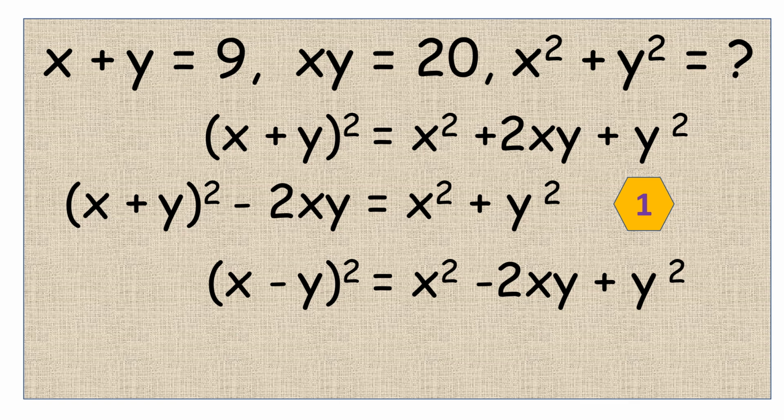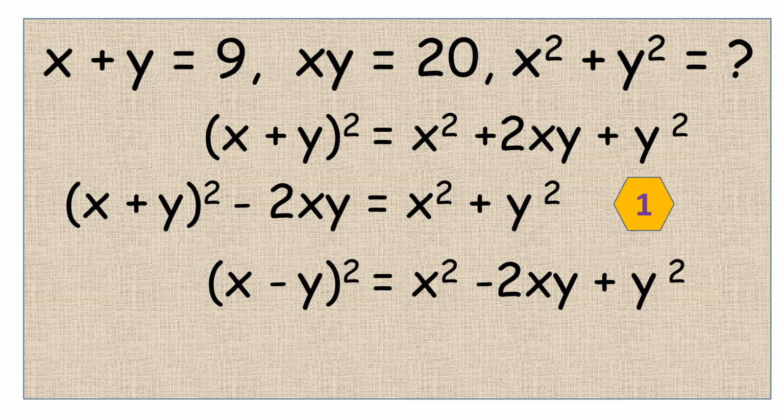This time around, you will have the minus 2xy as against the plus 2xy, but all other parameters remain the same, as you can see above, where your x plus y all squared gave us x squared plus 2xy plus y squared. This time around, because of the negative sign, x minus y all squared will give us, on the right-hand side, as can be clearly seen, x squared minus 2xy plus y squared.